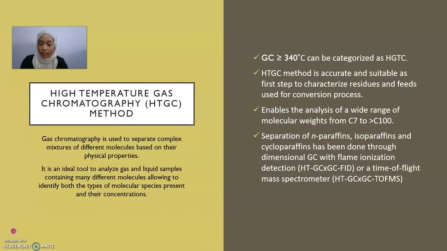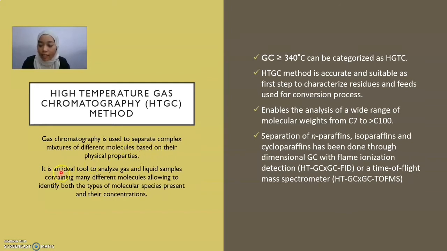The next method used for predicting wax or paraffin precipitation and deposition is the high temperature gas chromatography (HTGC) method. Gas chromatography is used to separate complex mixtures of different molecules based on their physical properties.